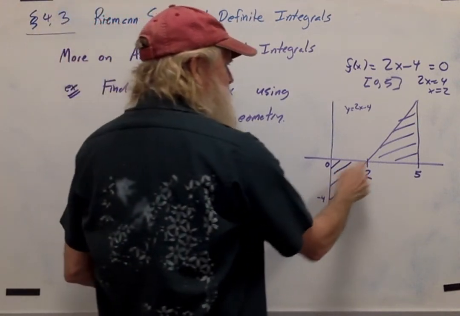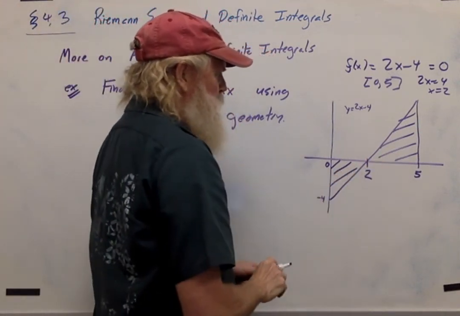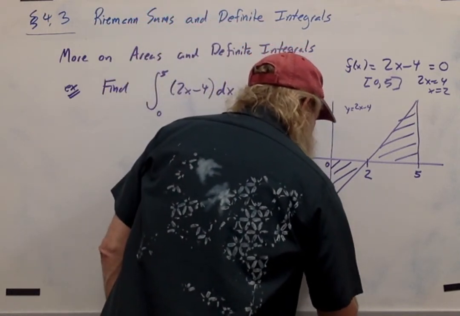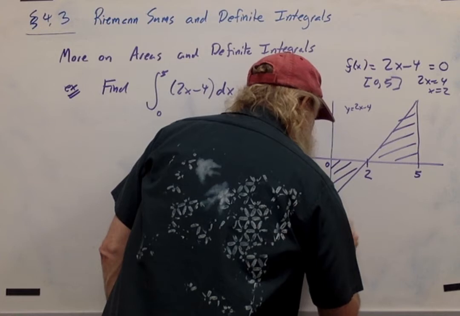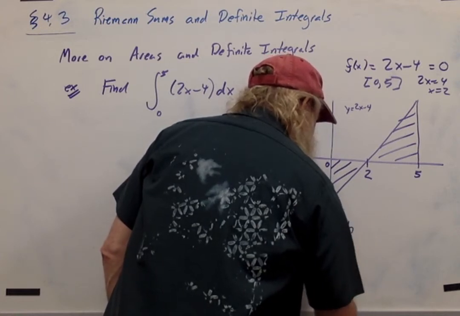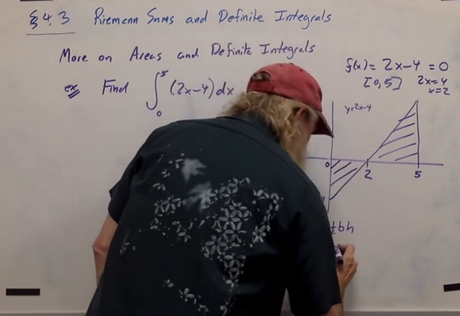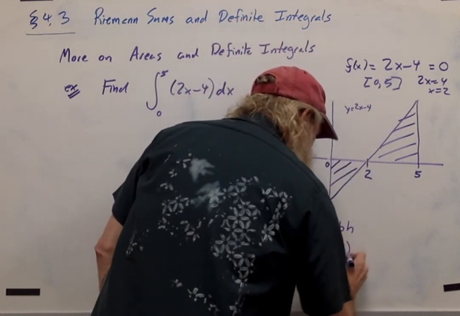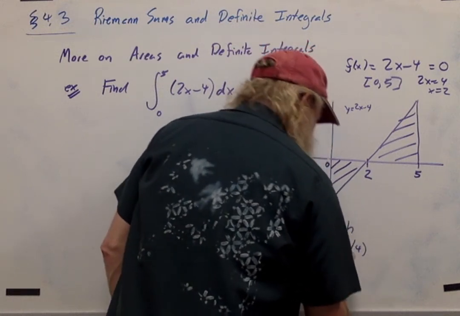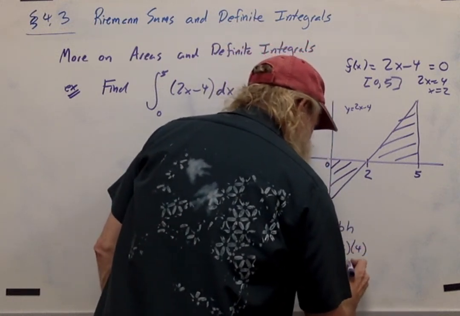So now, let's calculate the area of each triangle separately. For this triangle, the area is 1/2 times the base times the height. The base is 2, and the height is 4. And 1/2 times 2 times 4 is 4.